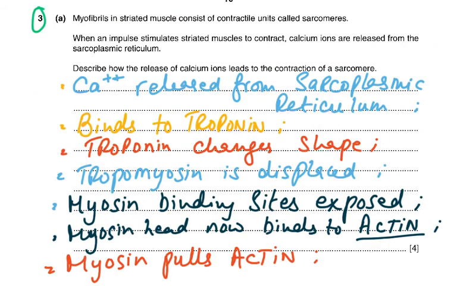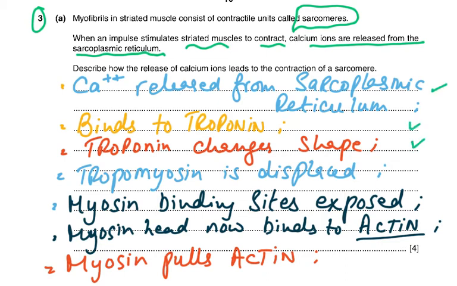Then question 3. Myofibrils in striated muscle consist of contractile units called sarcomeres. When an impulse stimulates striated muscles to contract, calcium ions are released from the sarcoplasmic reticulum. Describe how the release of calcium ions leads to the contraction of a sarcomere. So calcium released from sarcoplasmic reticulum binds to troponin.